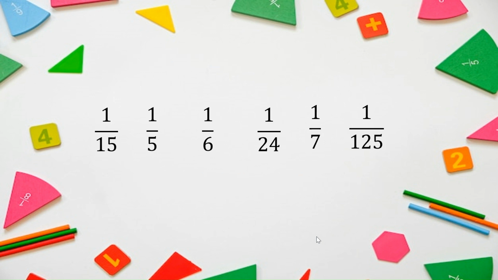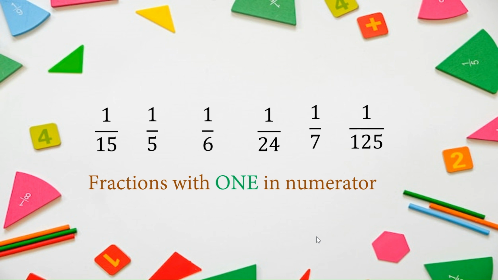Here, all these fractions have the same numerator, that is 1. This type of fractions, where 1 is the numerator and the denominator can be any value, are called unit fractions.